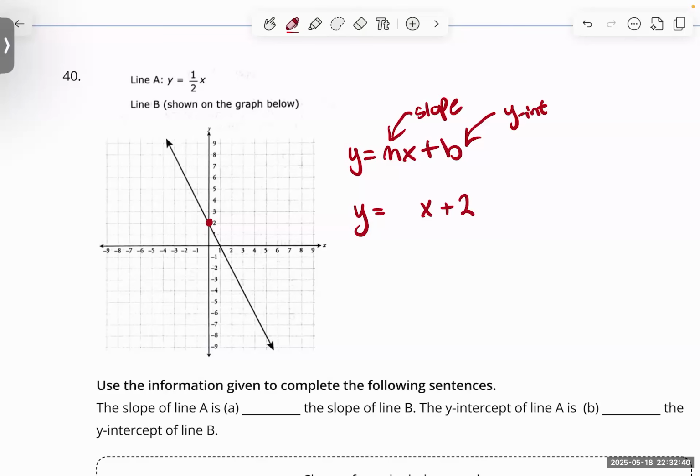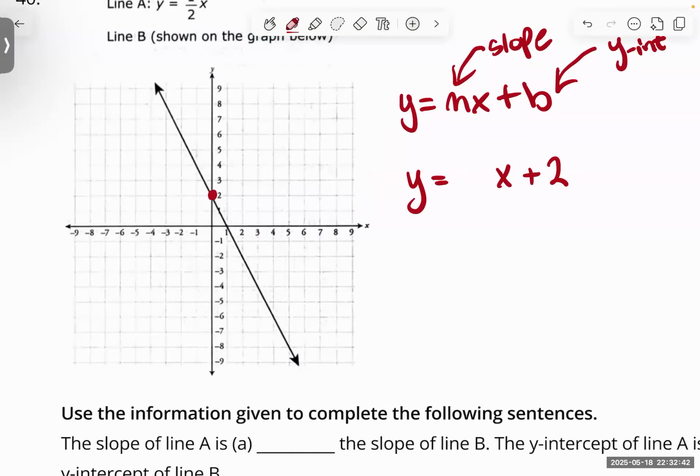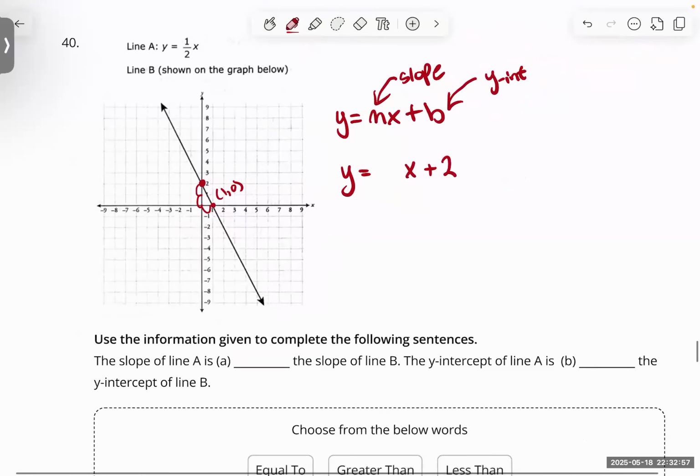Now to figure out the slope, we have to go from our starting point, the y-intercept, to another point that we can clearly read. Right there. That's 1, comma 0. Now, how did I get there? I had to go down 2 and to the right 1. So this is a negative slope because it's going down.